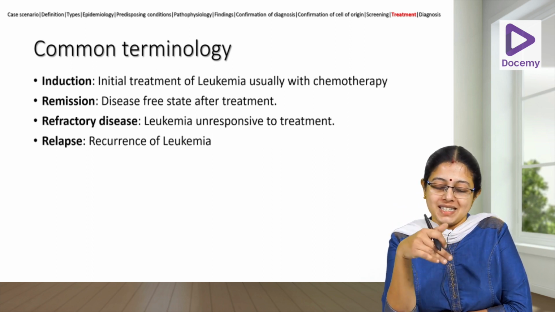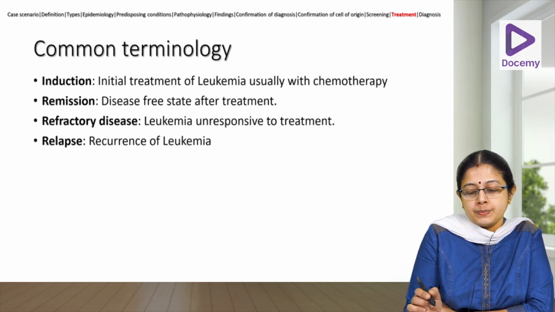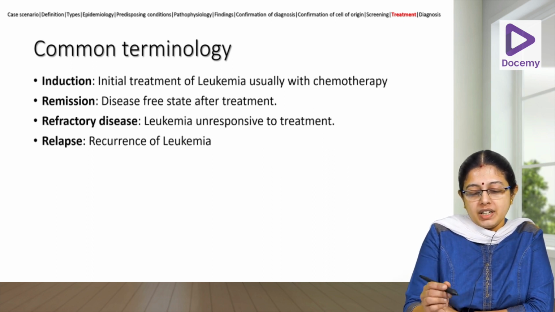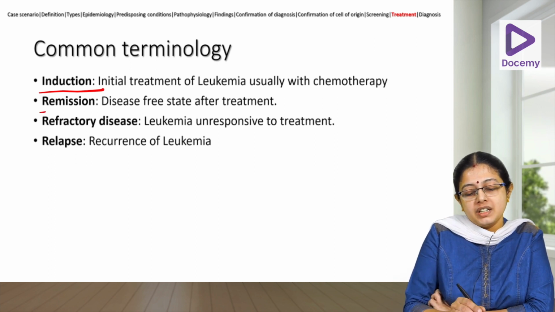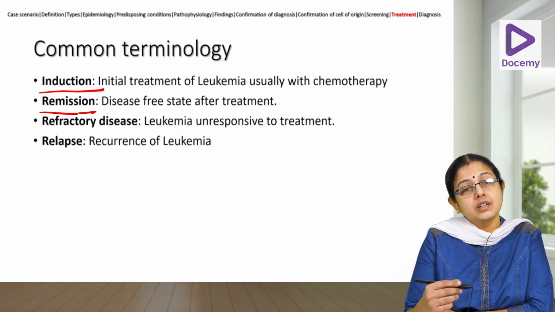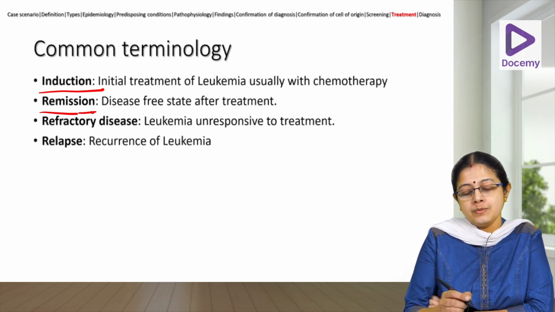So, remission is a disease-free state which happens after the treatment. So, you have the induction when you start the treatment for the leukemia. The remission is the state which the patient achieves if he responds to the treatment and he becomes disease-free.